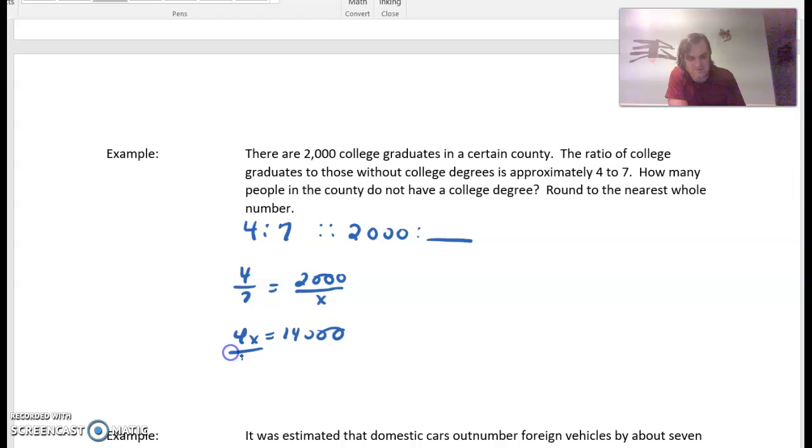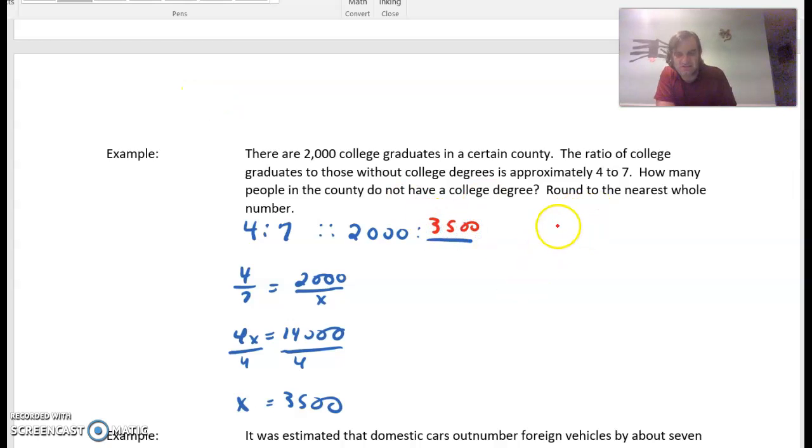And if we divide both sides by 4, I kind of know that, but let me use a calculator. I get x is 3,500. So we could say that 3,500 do not have a college degree.